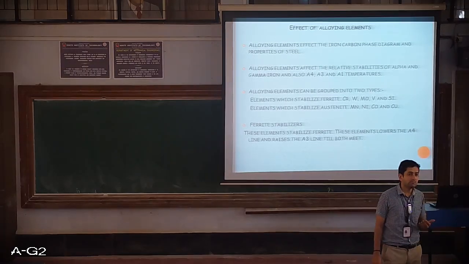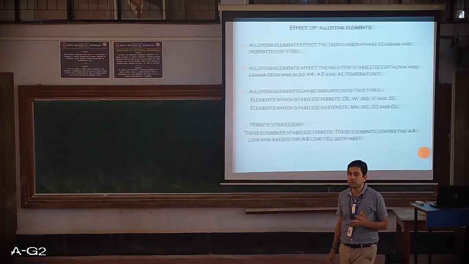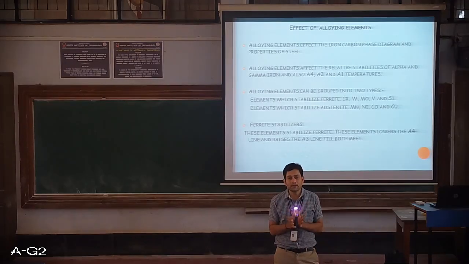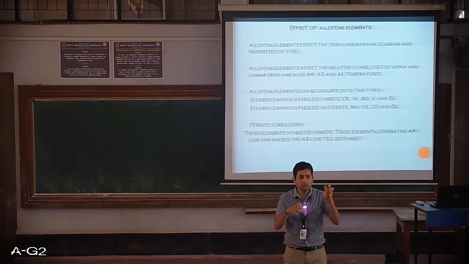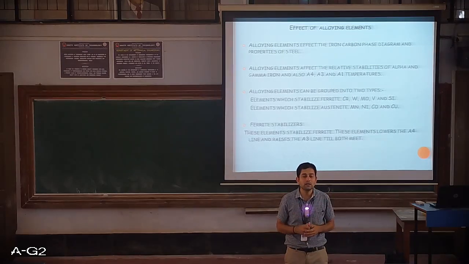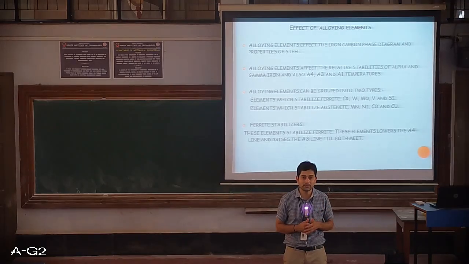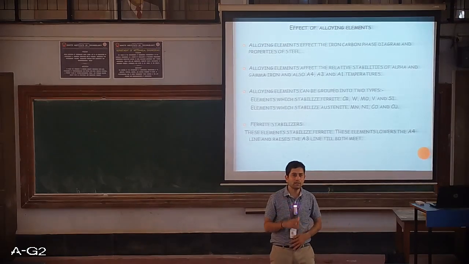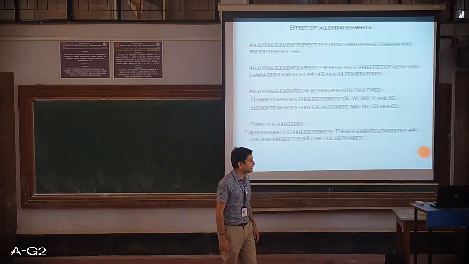So these alloying elements distort the iron carbon diagram and stabilize some of the regions or phases seen in the iron carbon diagram. Because of that, those phases are visible or easily available even at room temperature. This is what happens when you add alloying elements into the steel, right?